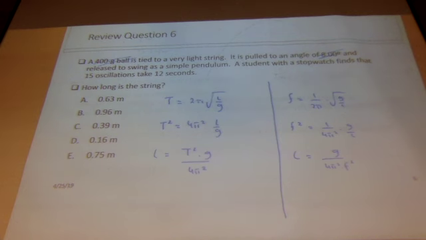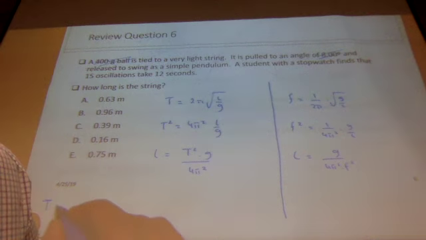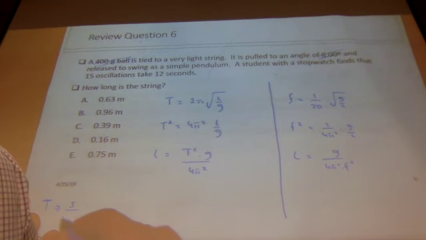So the key thing, if you want to figure out what to do with the 15 and the 12, is to figure out units. If I want the period, I want the unit to be in seconds. So I want to divide the 12 by the 15. I want seconds per oscillation. So the period is seconds per cycle.